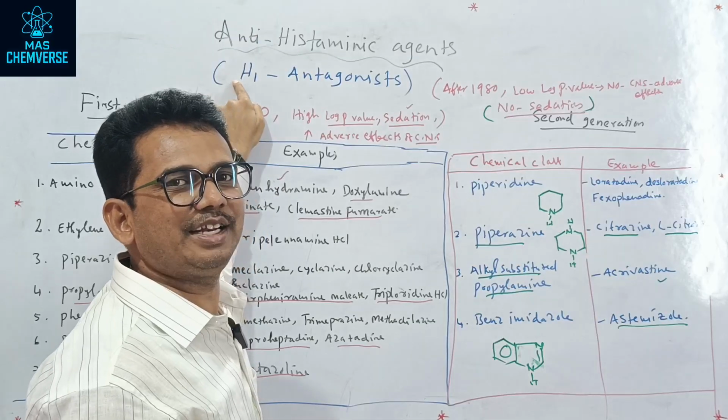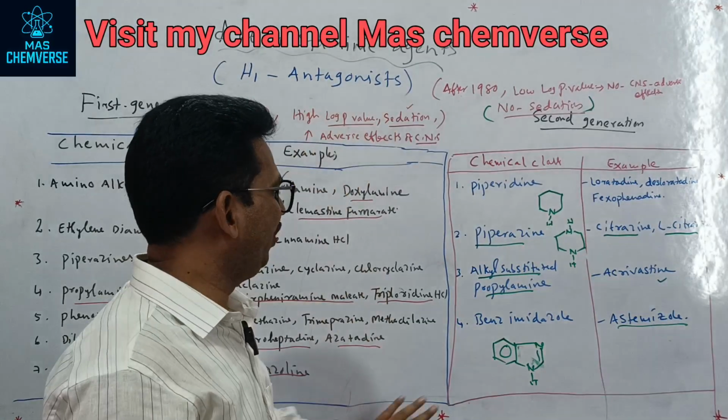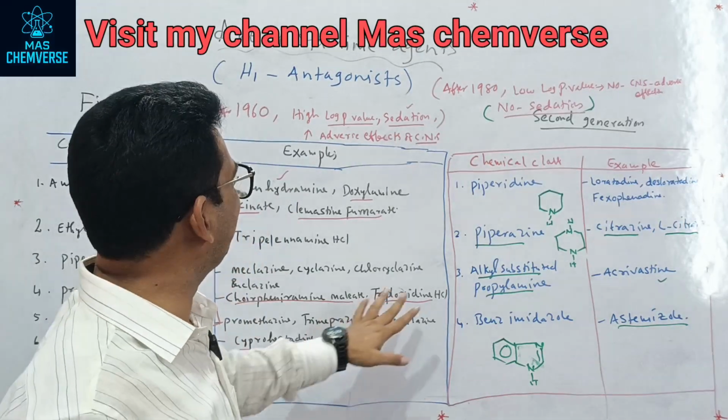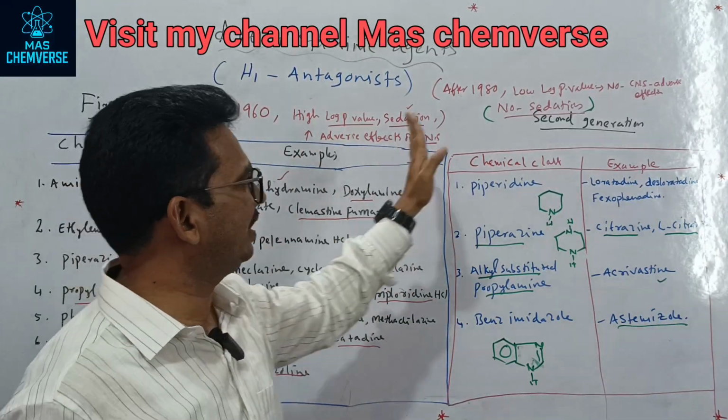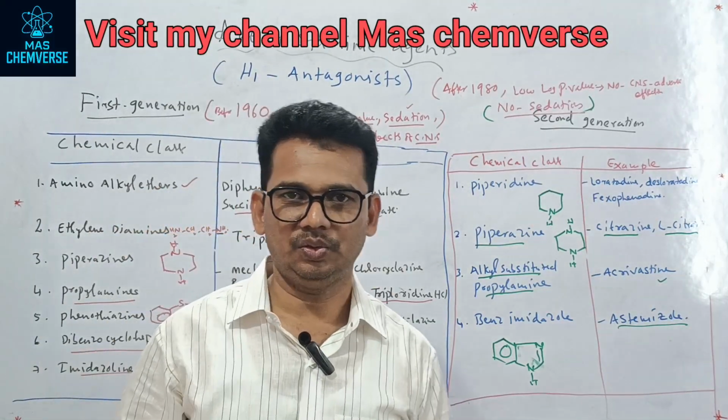The H1 receptor is responsible for allergies, as I told. That in detail we will discuss in the next class. This is the classification and difference between the first generation and second generation, which come under the H1 antagonists.